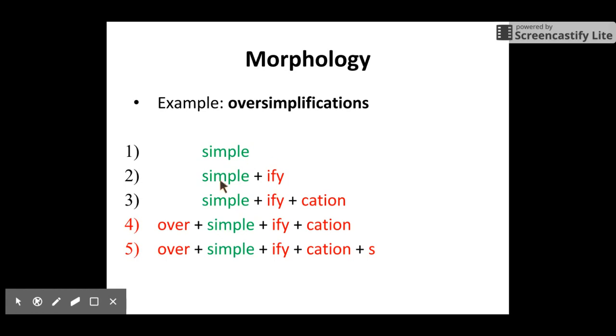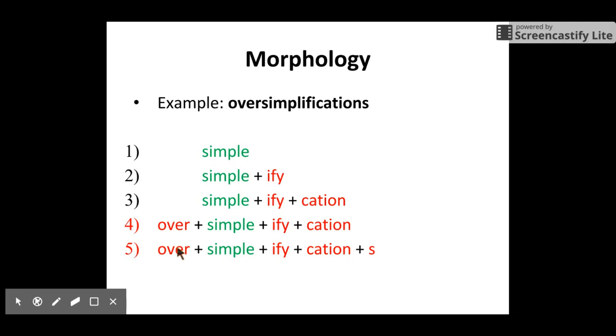And based on simplify, we can add another morpheme, ation, to make another word, simplification, right? And then we can add another morpheme and make another word, oversimplification. And finally, we can add another morpheme, the plural morpheme s, oversimplifications.